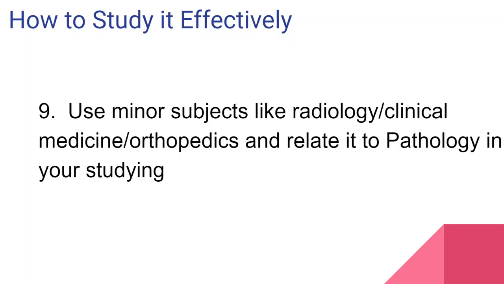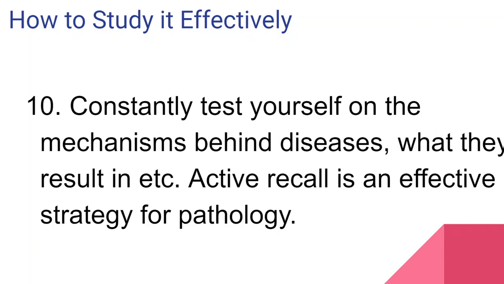Even things like the healing of a fracture, which comes up in orthopedics. Clinical medicine, things like PFTs, which are pulmonary function tests, and knowing how they correlate with different pathological conditions like COPD and restrictive lung diseases. So these are minor subjects that might come up. You might have a lecture or two about them. So it's good to always relate them back to the pathology as well.